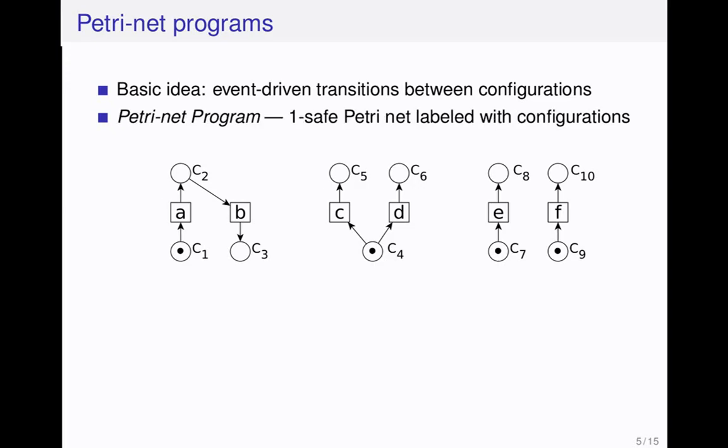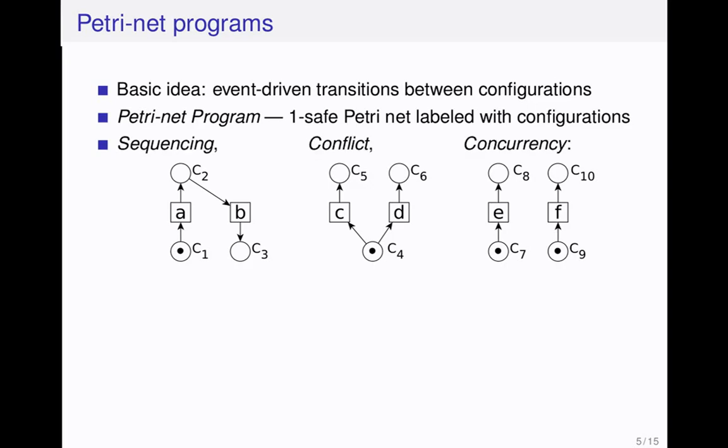In this talk, I'm going to refer to a one-safe Petri net labeled with configurations, like shown in the picture here, as a Petri net program. Basically, the state is defined by where the tokens are, and the current configuration is the union of the configurations on those places that are marked by tokens. Events can also fire by consuming tokens from an input place and placing them on an output place.